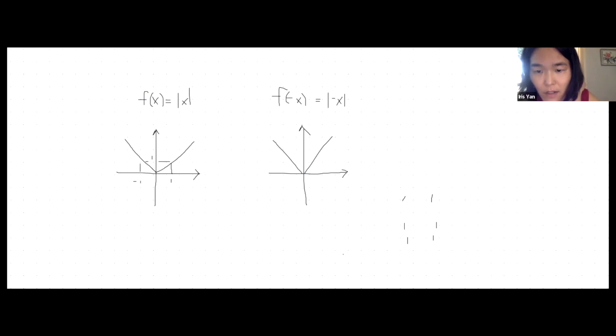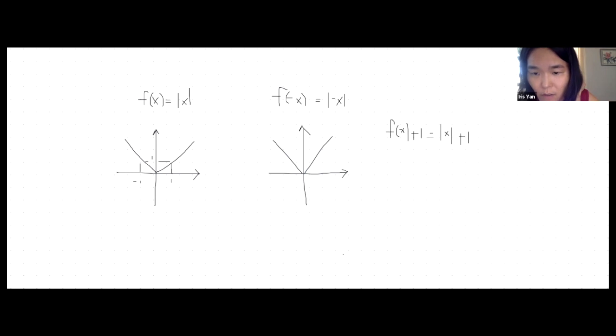So let's see here. What happens if I do f of x plus 1? So that's going to be absolute value of x plus 1.